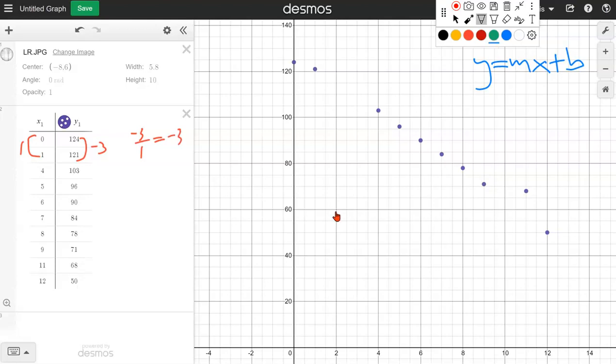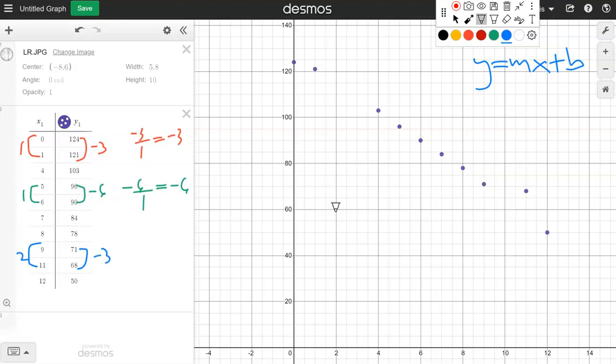Then let's check another. So let's say 5 and 6. 6 minus 5 is 1. 90 minus 96 is negative 6. So look at this. This is negative 6 over 1, and it is negative 6. Let's try another one. If I choose 9 and 11 and 71, 68, we subtract 68 minus 71 is negative 3.